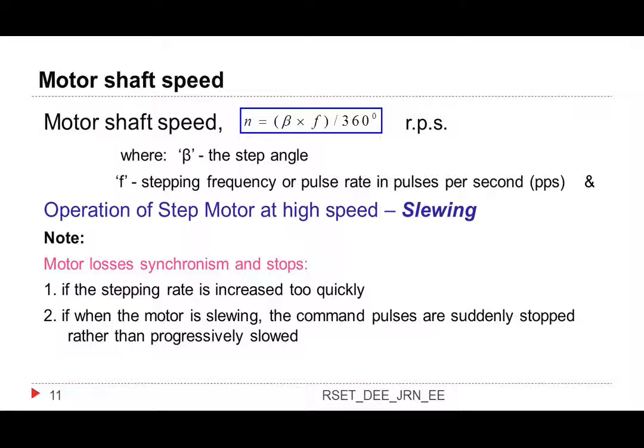For the operation of a step motor at higher speed, we have a term called slewing. What do you mean by slewing? Slewing is the operation of a stepper motor at very high speed.